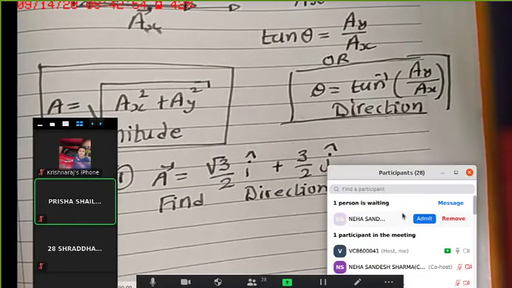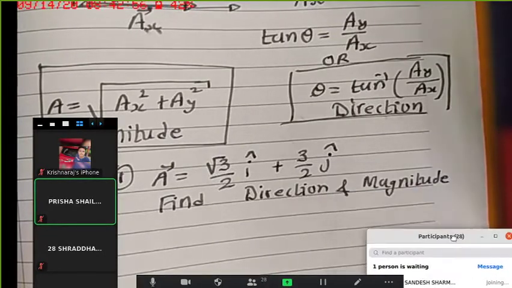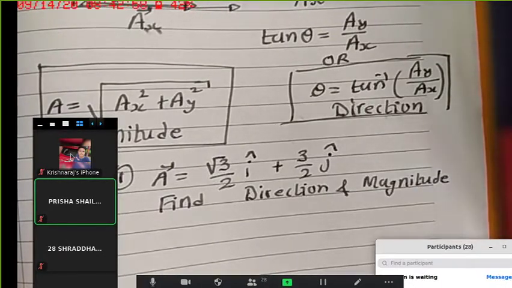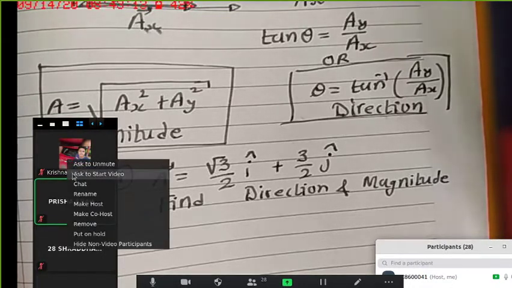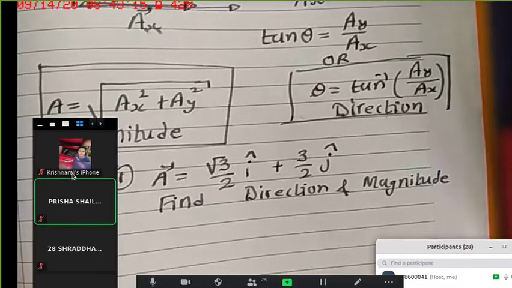Participant who is waiting, Neha is waiting. Krishna Raj, are you there? Before I mark you absent, say something. Krishna Raj, Prisha, you say something.